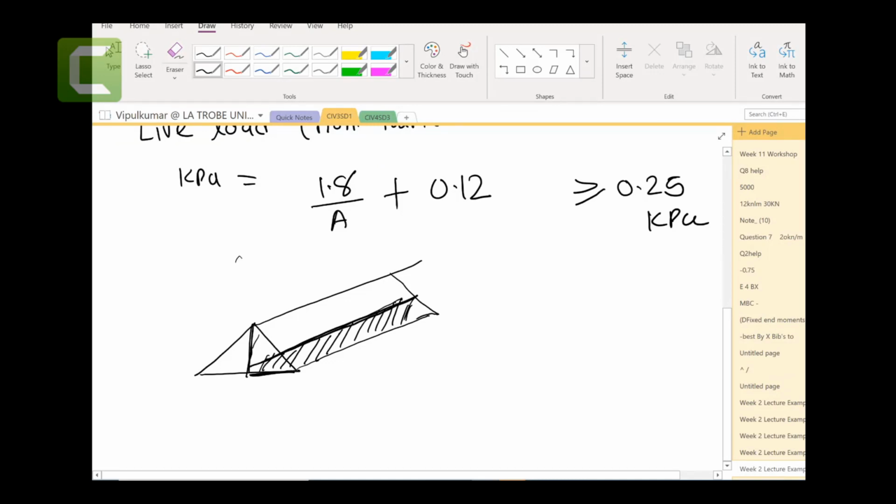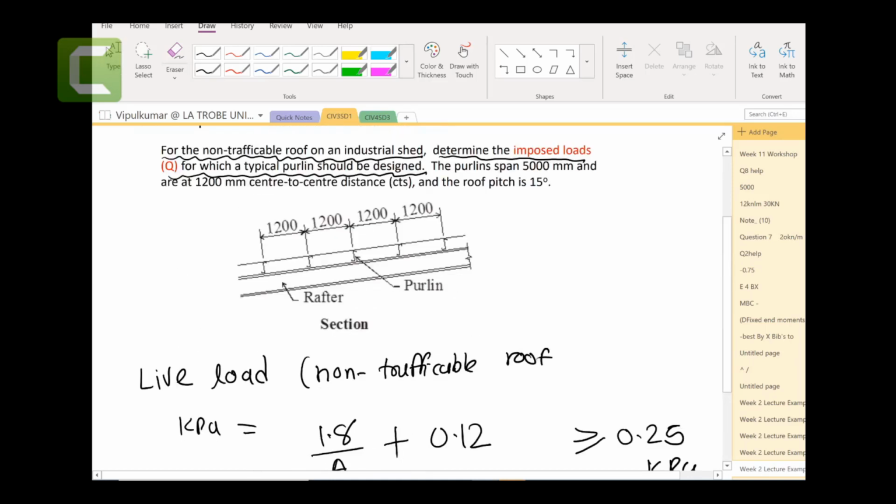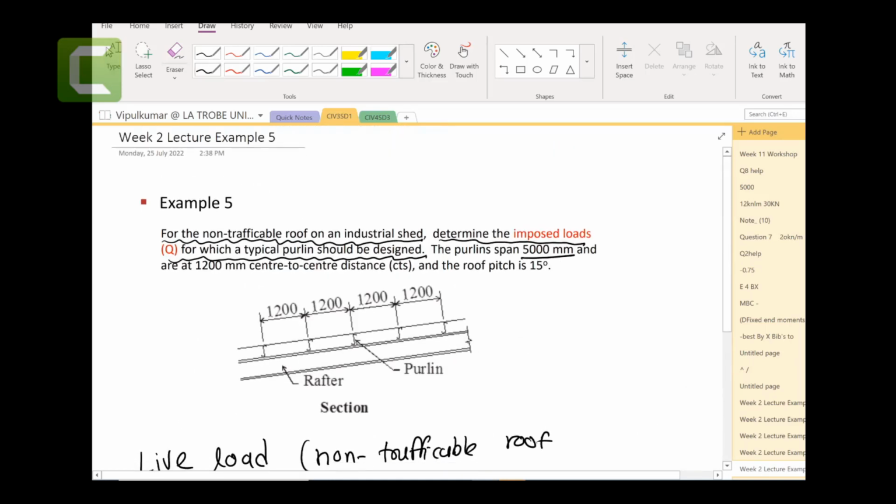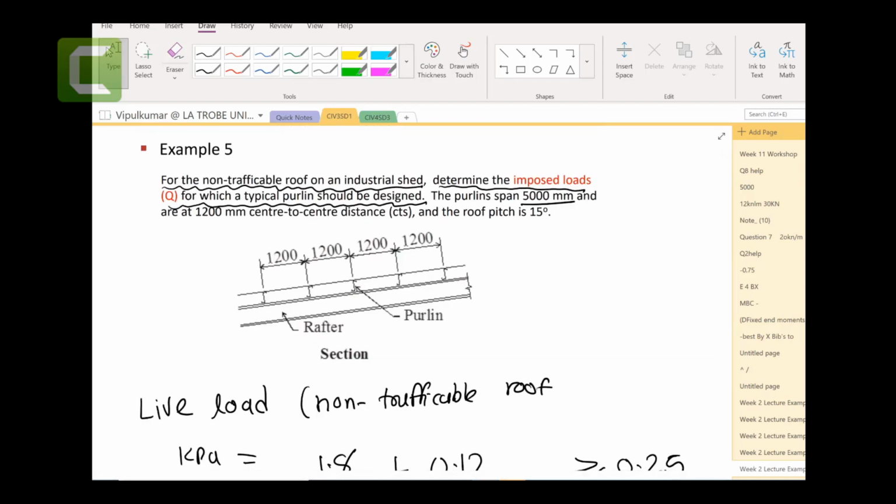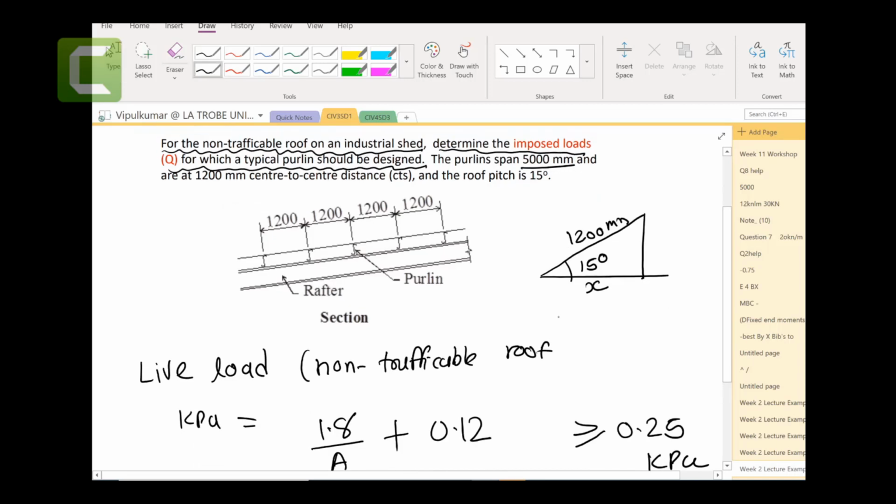For that, we already know this is 5 meters because it's a span of 5 meters. We need to calculate this horizontal distance because this is at an angle of 15 degrees. This center to center distance is 1200 millimeters, given here.